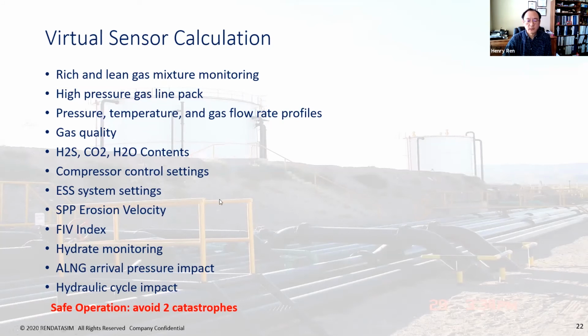And what I want to say is this system saved 2 catastrophe potentials, avoided 2. People went to a platform, they were not aware of the gas operation, and one time they closed the valve. In our monitor it shows that is a manual valve, and we built it as a manual valve, all right?